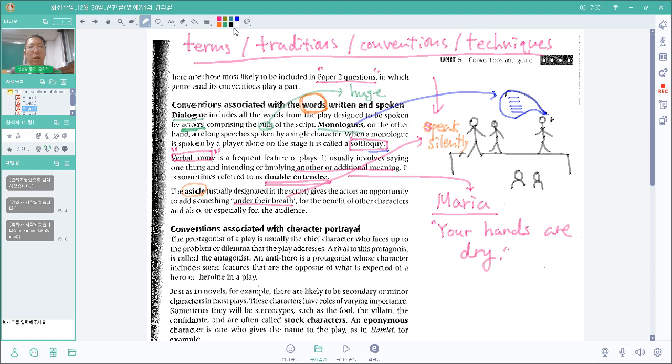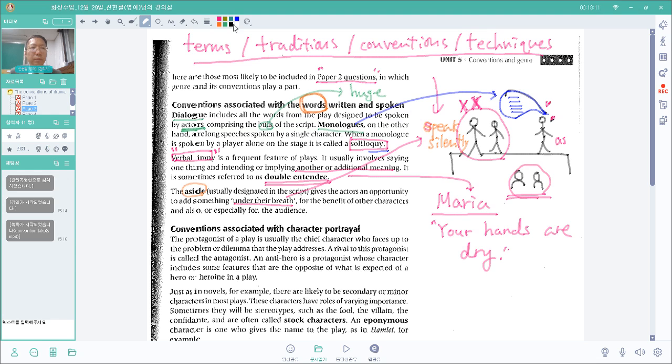While the actor is together with other actors, these other actors pretend that they are not listening. They pretend that they cannot hear what the one person is saying. Only the speaker and the audience can hear what the character is saying silently, because by doing an aside, he is delivering what he really thinks deep in his mind. So the other actors are pretending that they are not listening. They cannot hear what this one person says, but only this one actor and the audience can hear.